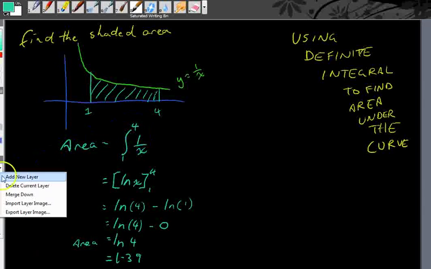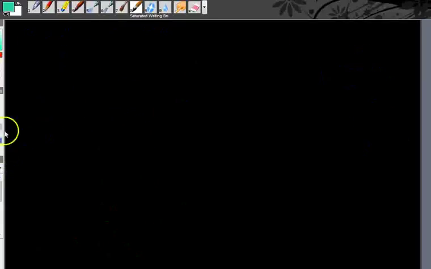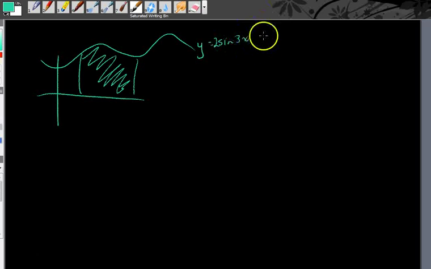So for instance, you might be asked to find the area under the curve when y equals 2 sine 3x, whatever, plus 4. You might be asked to find the area under that curve.